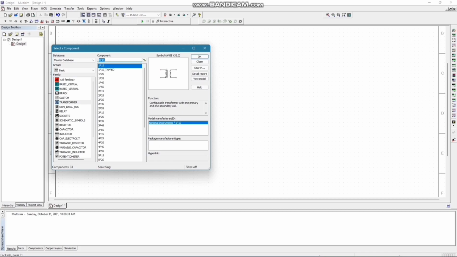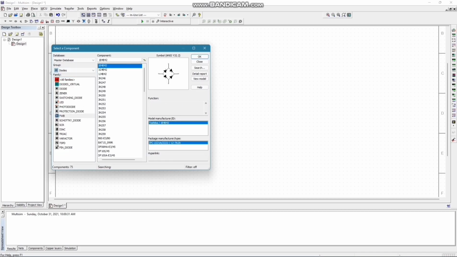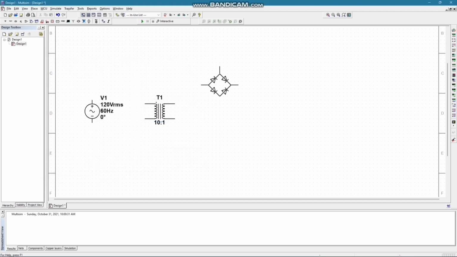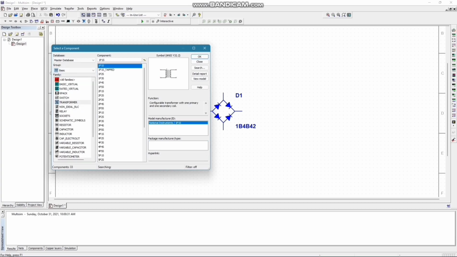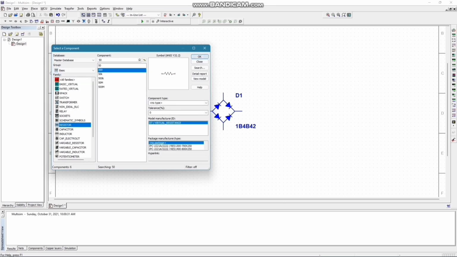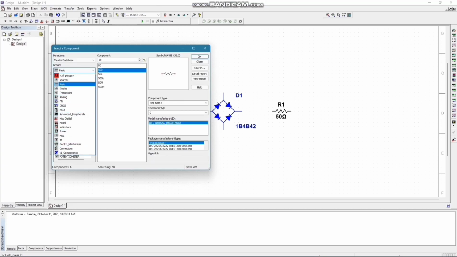Then the full wave bridge diode. And the load resistor. Oh, and also the ground.